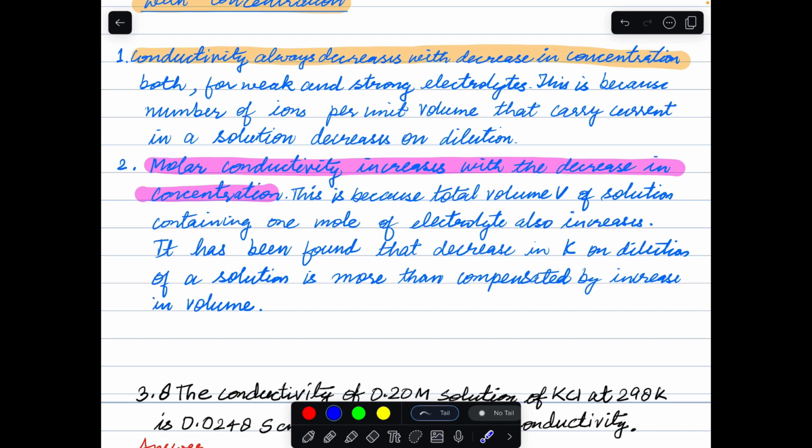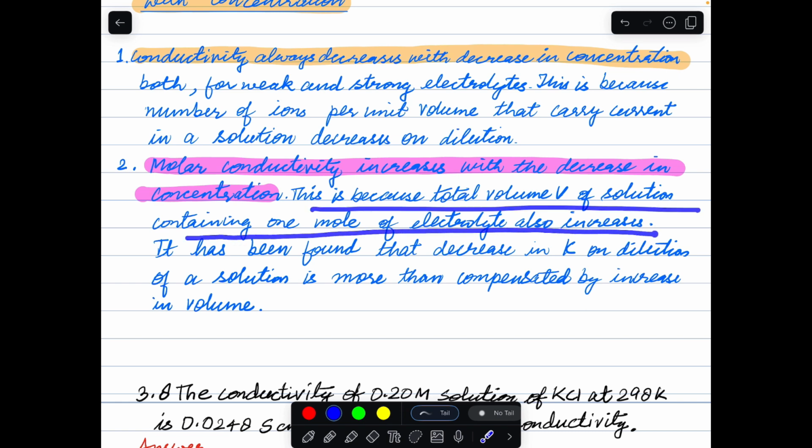When we decrease the concentration, molar conductivity is increasing, just the reverse of conductivity. Because when we decrease the concentration, we add more solvent, therefore we increase the volume. The reason for this is that the total volume of the solution containing 1 mole of electrolyte also increases.